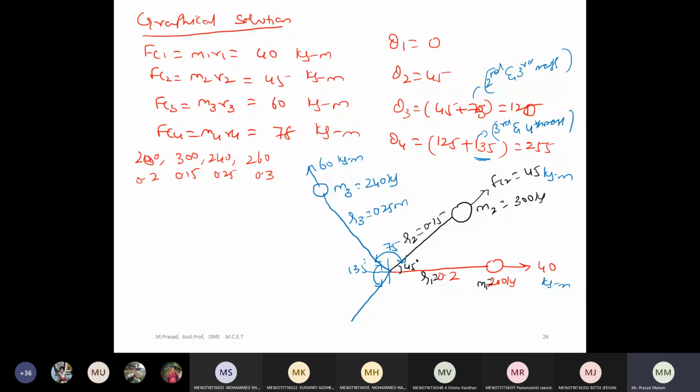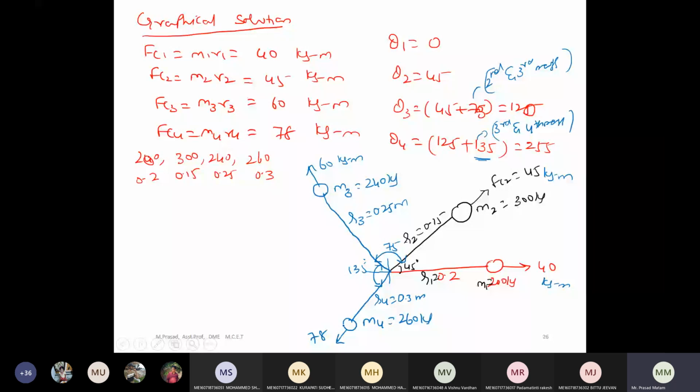If you add 45 plus 75 plus 135, the total angle is 255 degrees. This is your fourth mass M4, that is 260 kg at radius of rotation R4 0.3 meter. This generates a centrifugal force FC4 of 78.